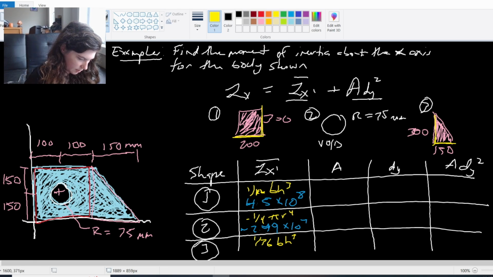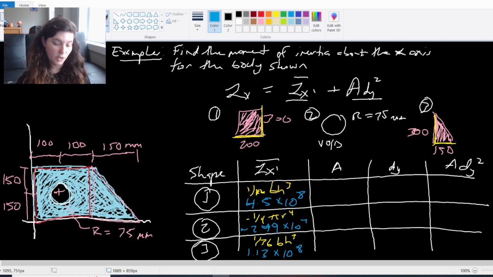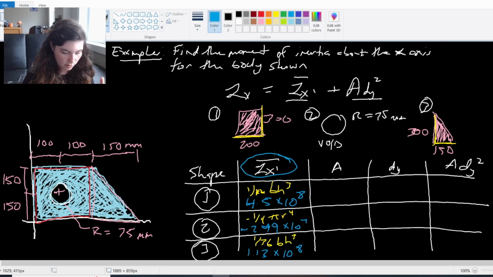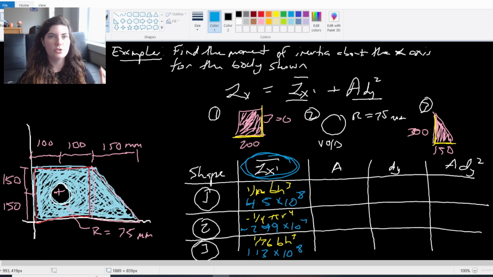Punch that into my calculator, and I get 1.13 times 10 to the 8th. All of those values came from the shape itself and then looking up that shape in the table of standard centroidal moments of inertia. So those all came from looking those up and plugging them in.